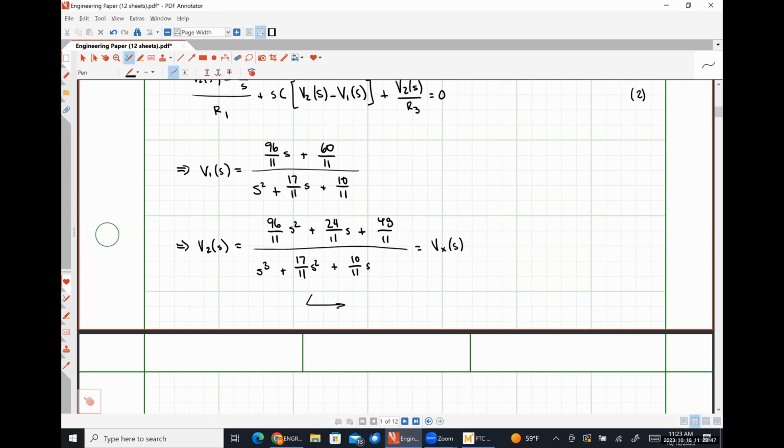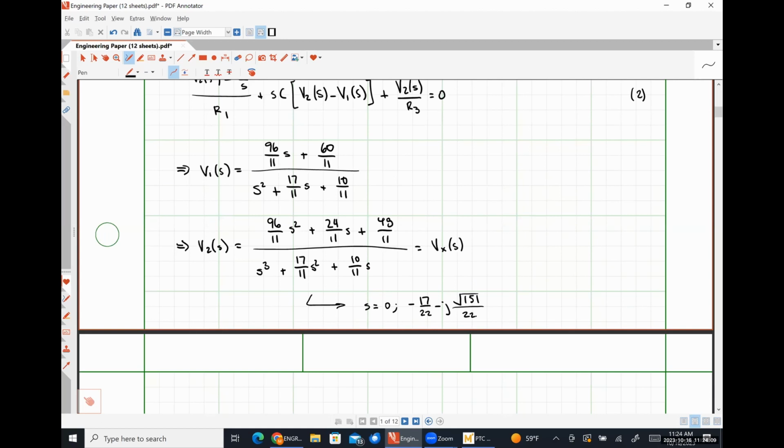This expression here has roots at s equal to 0, negative 17 over 22 minus j square root of 151 divided by 22.